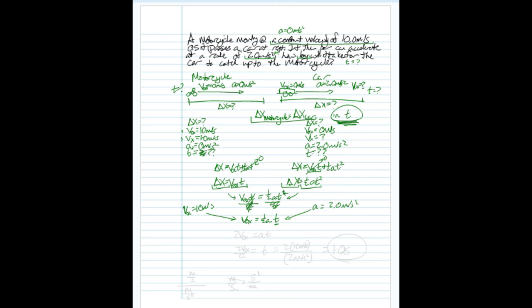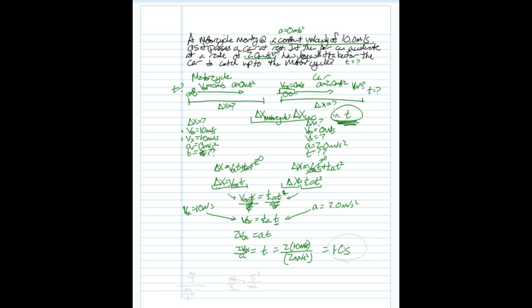I'm going to start off by getting rid of the 1/2 by multiplying both sides by 2. Then I'm going to get rid of the a by dividing both sides by a. Now I can plug in my numbers. 2 over 2 cancels. That leaves me with 10 seconds.